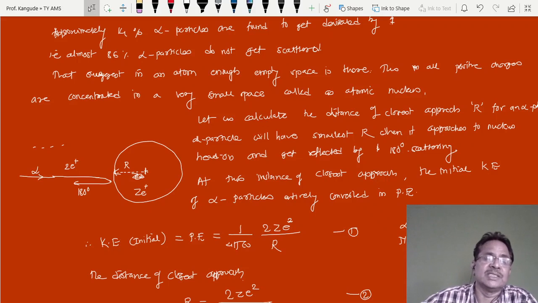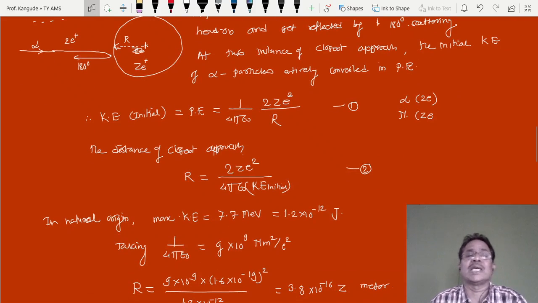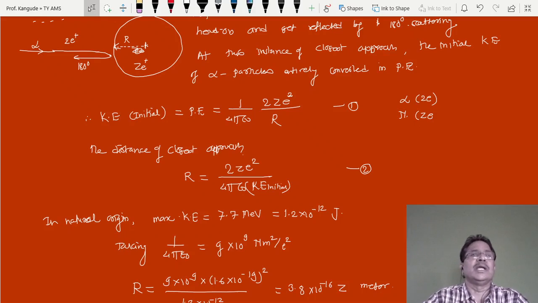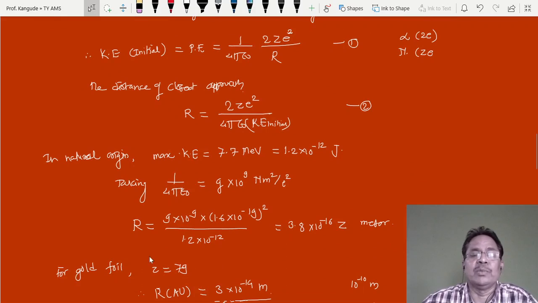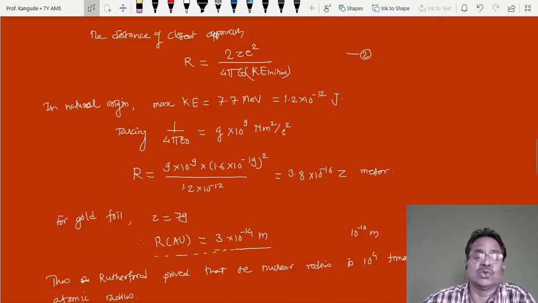Based upon the reflected alpha particles, he could find the distance of closest approach of the alpha particle, which is nothing but the radius of the nucleus. He showed this radius can be calculated by the formula R = 3.8 × 10^-16 × Z meters, where Z is the atomic number of that nucleus. This is a simple derivation as shown here.